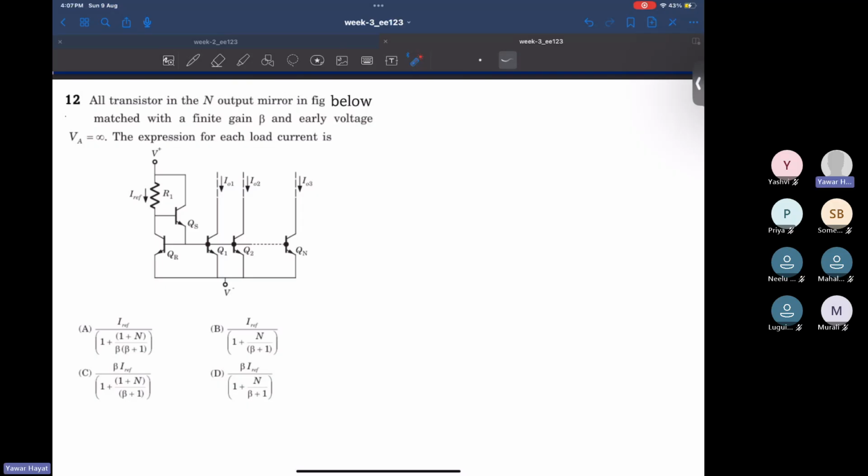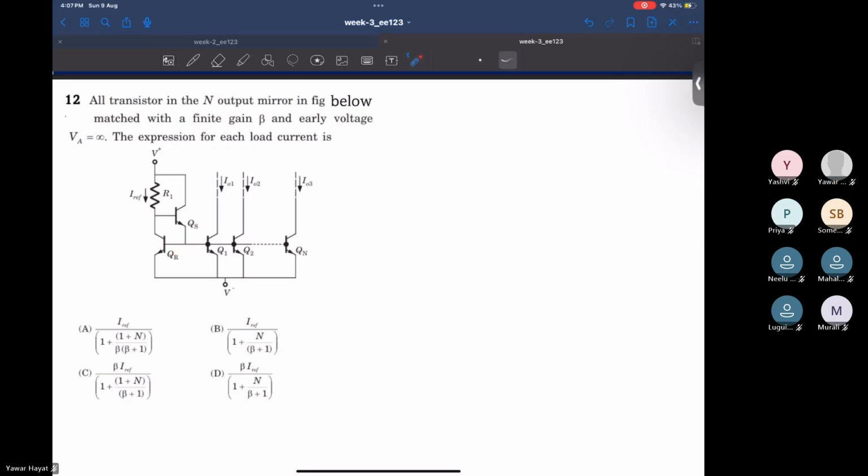See, the important feature is this extra transistor, QS, I should say, right? It supplies the base currents of your N output transistors and the reference transistor, this QR, right? It supplies base current to all of them, right?